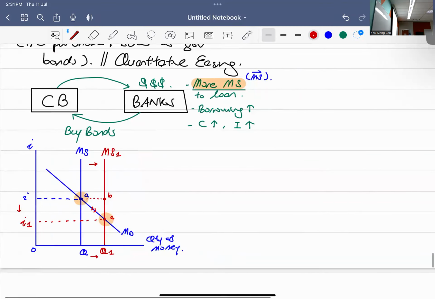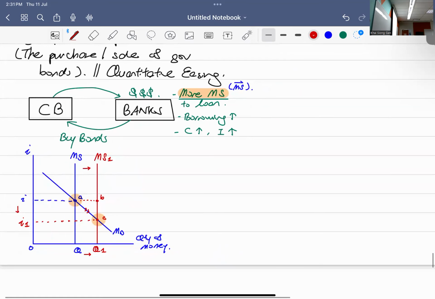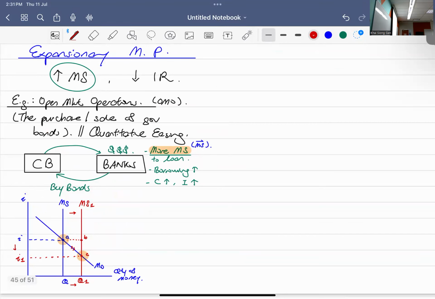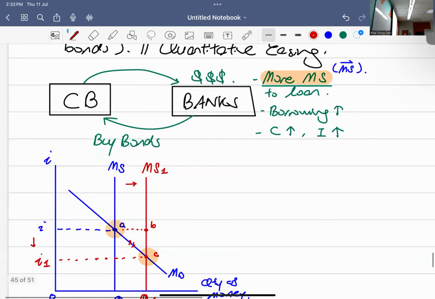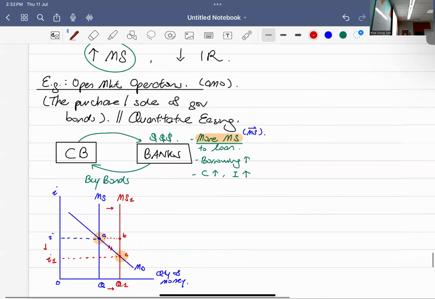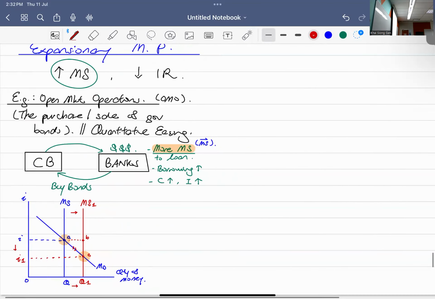That also fulfills what the central bank wanted to achieve, a lower interest rate, as we said at the beginning of the class. So in this graph you can see higher money supply and lower interest rate. This is how the graph looks when you look at expansionary monetary policy itself.